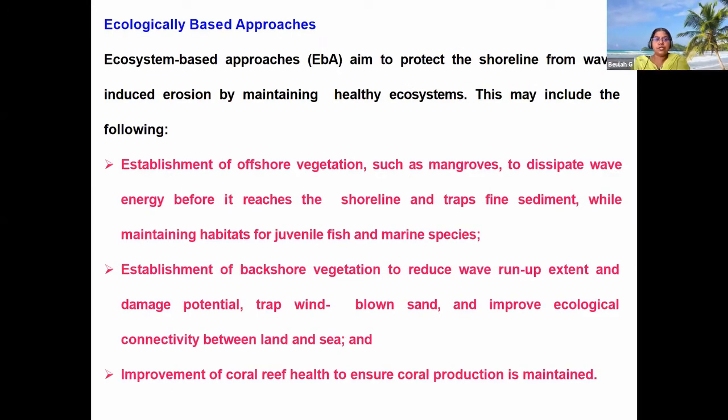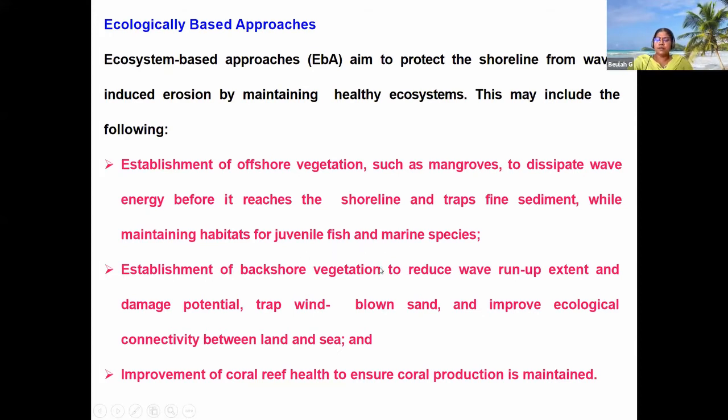As I told you, the ecologically based approach, EBA, is a very common pattern which you can see in many regions. By creating offshore vegetation such as mangroves, you dissipate the wave energy before it reaches the shorelines, trap the fine sediments, and maintain the habitats of juvenile fishes and marine species.